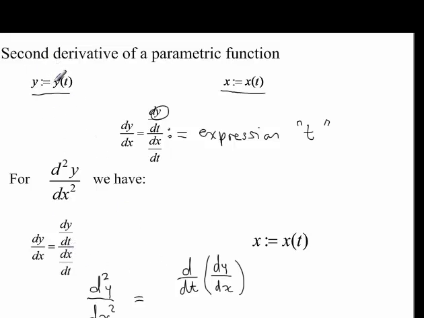So you can see the y there, here dy/dx. Then divided by, we take the derivative of x, so this will be dx/dt. So now this expression will actually give us the second derivative with respect to x.